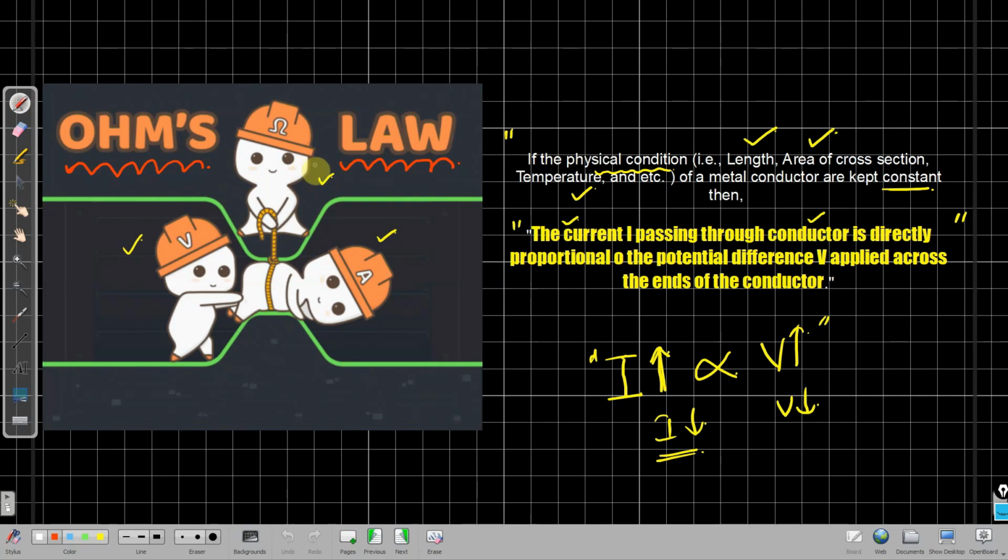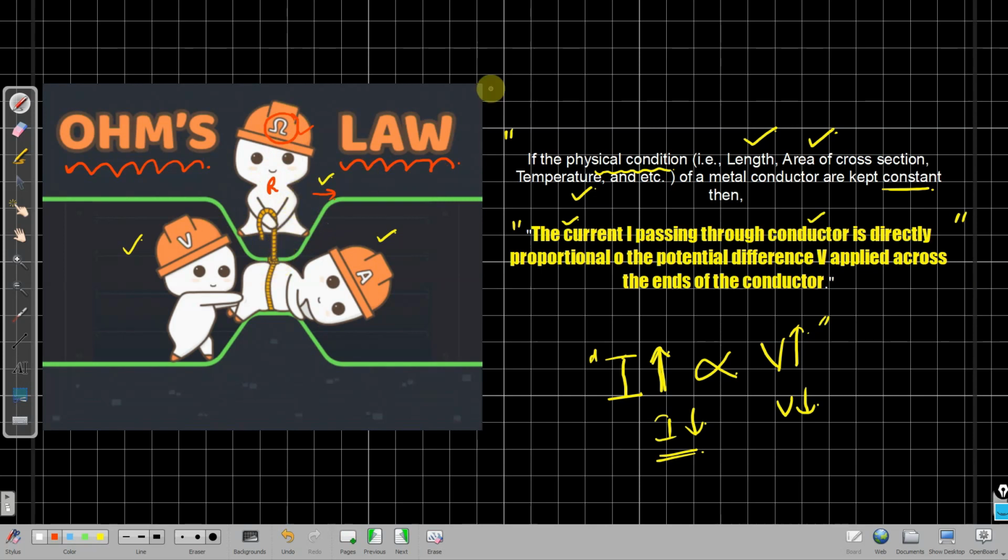The cute character here represents the resistance. This cute character, which has the symbol called ohm, measures the resistance. Resistance is measured in terms of ohm. If you see here, this character is trying to suppress the path. It is obstructing the path. It is blocking the path.